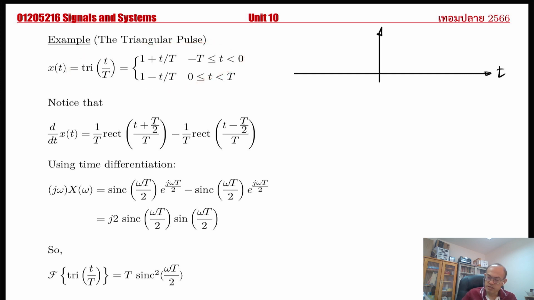So if we plot it, tri(t/T), we would have a triangle. The left extends to negative T, the right extends to positive T, and the height is 1. So this is defined as the triangular pulse.